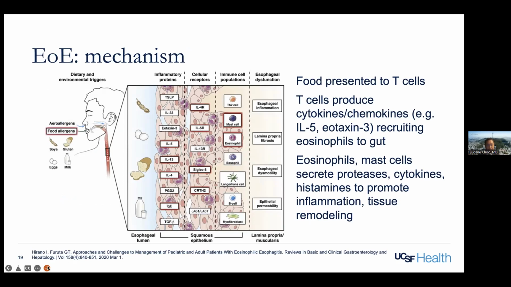And that eventually, because of these eosinophils being in a place where they shouldn't be, along with other entities such as mast cells, there's a secretion of other important molecules that then start to promote the characteristic inflammation and remodeling of tissue that we see, that then generates the fibrosis, the dysmotility, and then all the relevant symptoms they encounter.